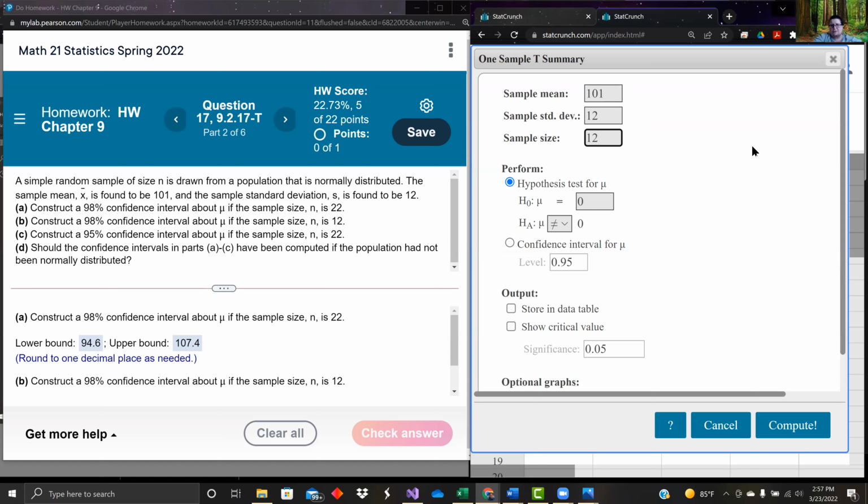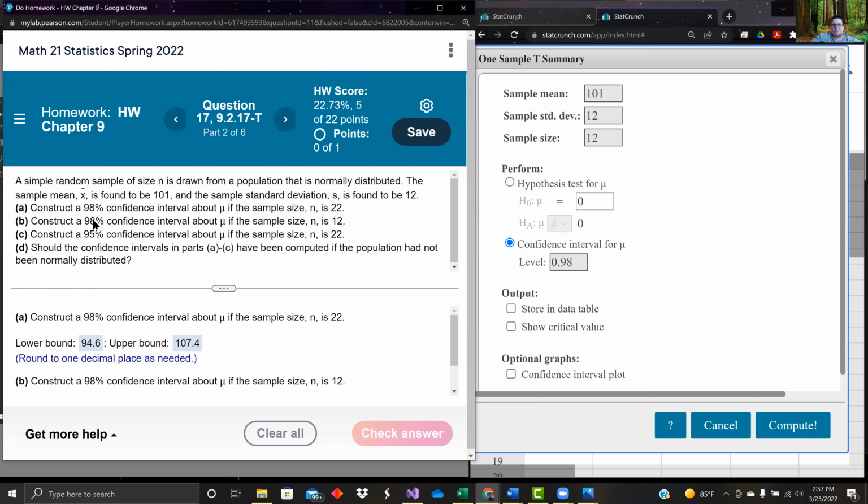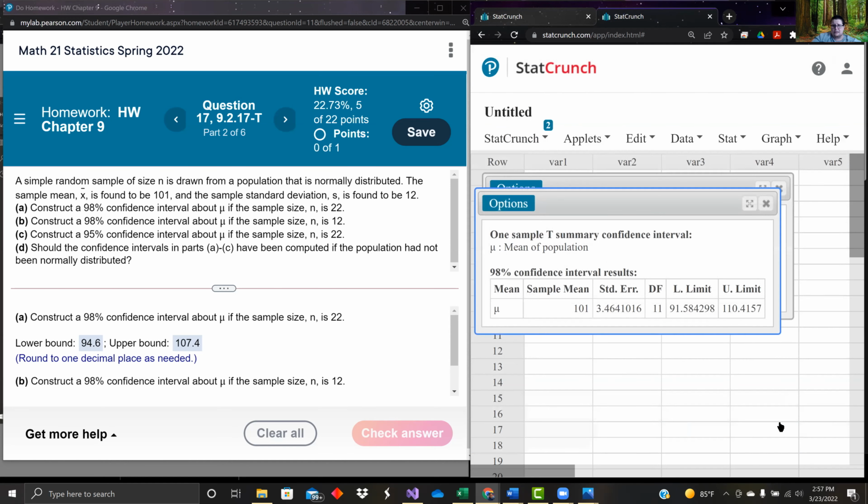And sample size is 12 here. And I need to reset the confidence interval to 98. Now I match, I got 98% and it's 12. And I get 91.6.